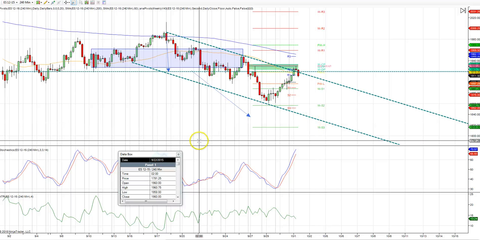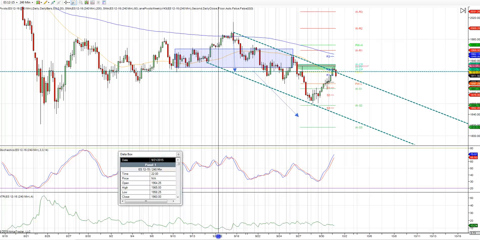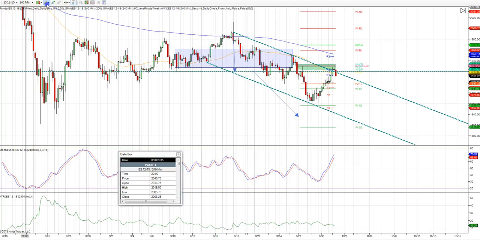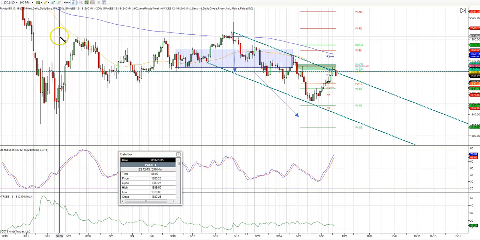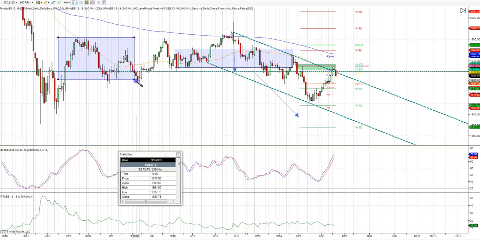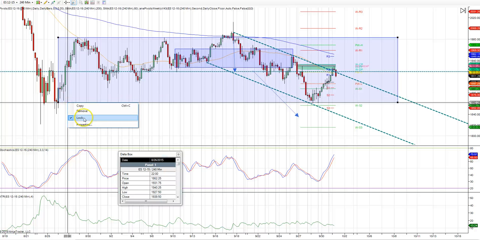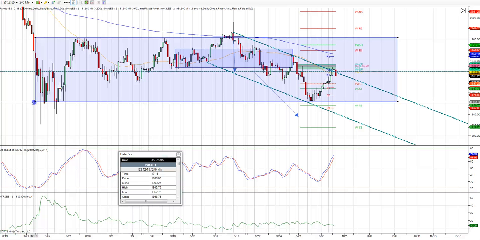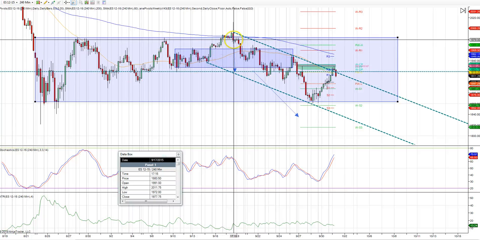And for a bigger view, a wider view, if we close this up, we can see that actually we've just been kind of going sideways in this box range here. Let me unlock it and pull it over. We've just been really ranging sideways in this box here.